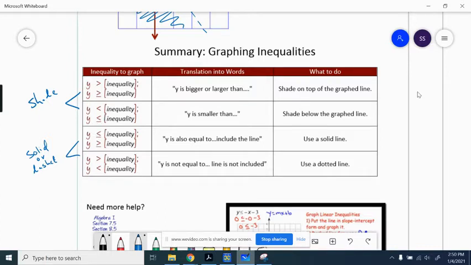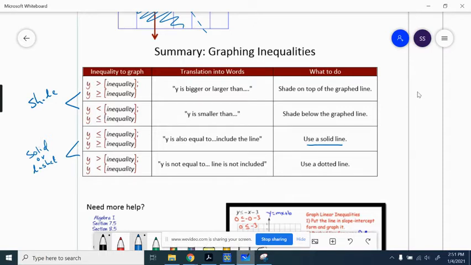And the next part, if we have the line underneath, because we have these lines underneath, those mean that the line is included. So y is also equal to, the line is included. So that's when we use a solid line.